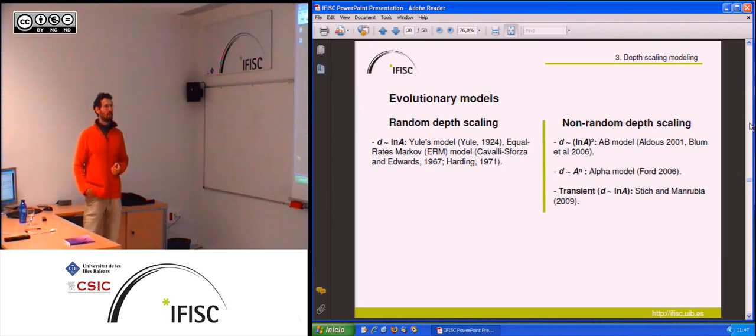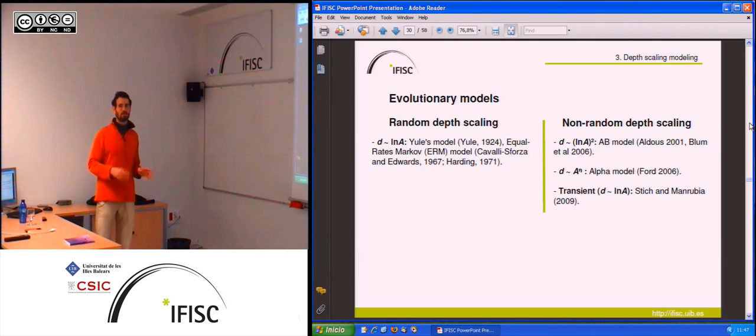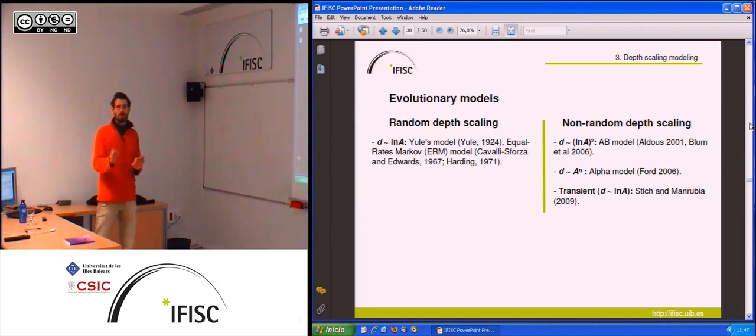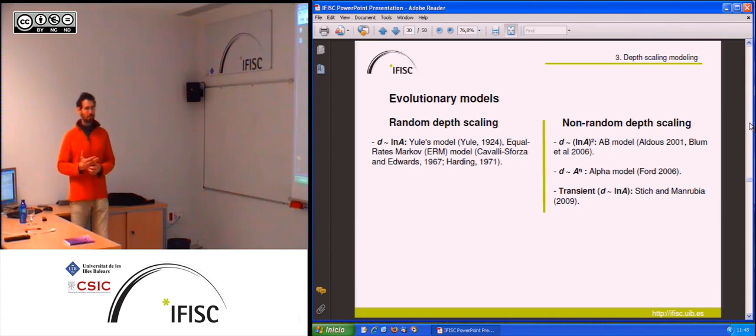As biologists you can talk about populations and individuals, and make population genetics and everything, but from the point of view of a physicist, the idea is to get a very simple model with one parameter and nothing more, and that's the best thing that you can do.